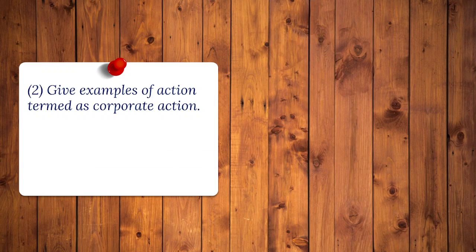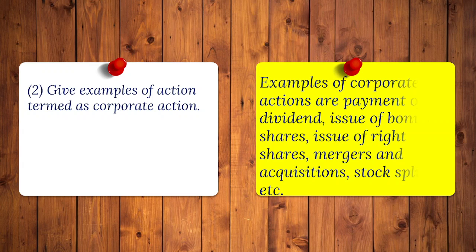Give examples of action termed as corporate action. Answer. Examples of corporate actions are payment of dividend, issue of bonus shares, issue of right shares, mergers and acquisitions, stock splits, etc.